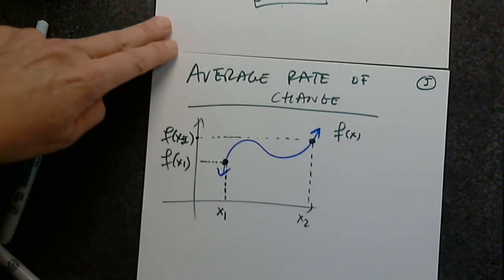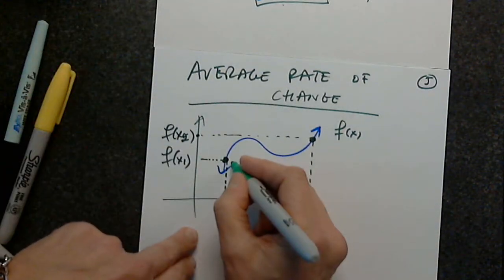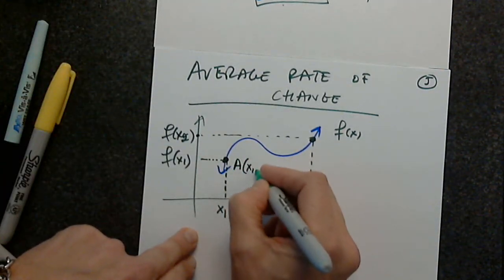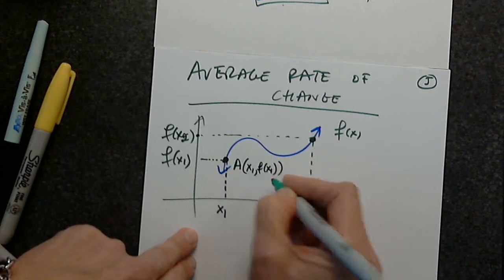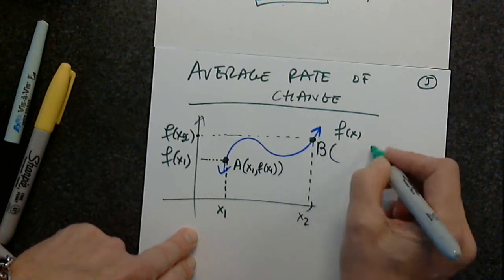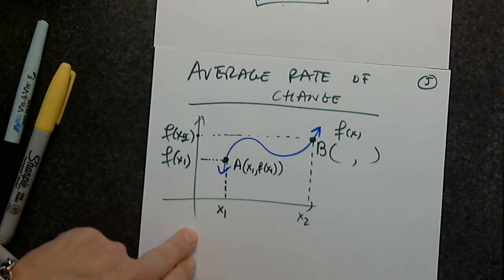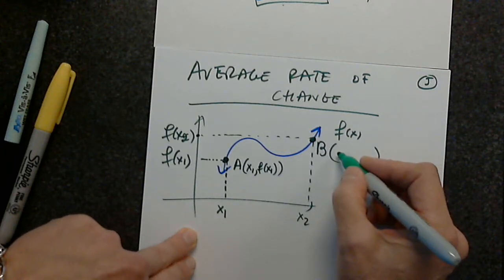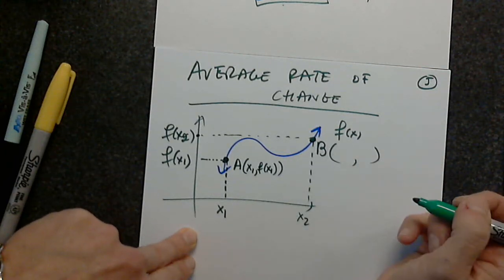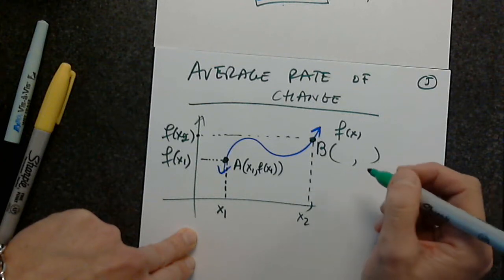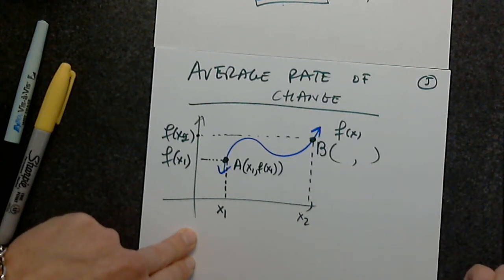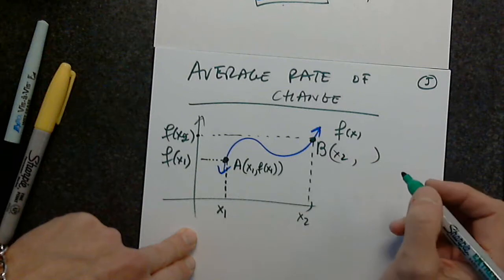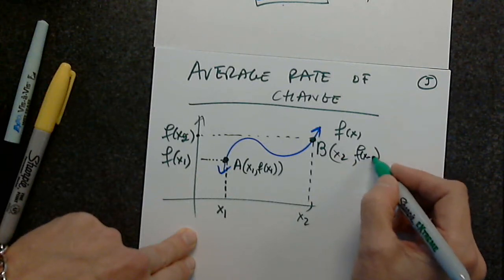Good. So now you also know that the coordinates of this point, let's call it A, will be x1 comma f of x1, of course, and the coordinates of B will definitely be x2 comma f of x2. Very good, awesome.